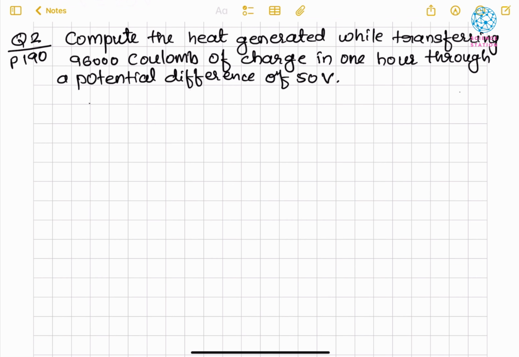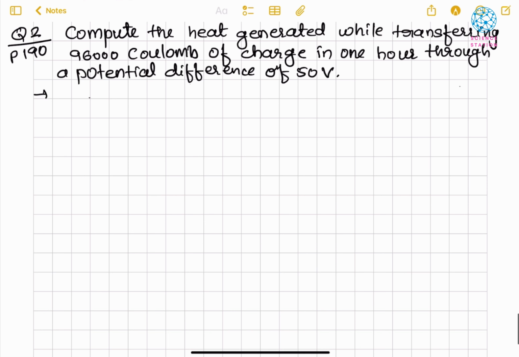Now next question 2 on page 190 says compute the heat generated while transferring 96,000 coulomb of charge in 1 hour through a potential difference of 50 volt. So here H is given to me as unknown thing to be found. Q is 96,000 coulomb.